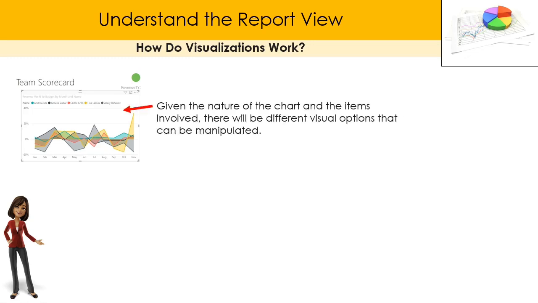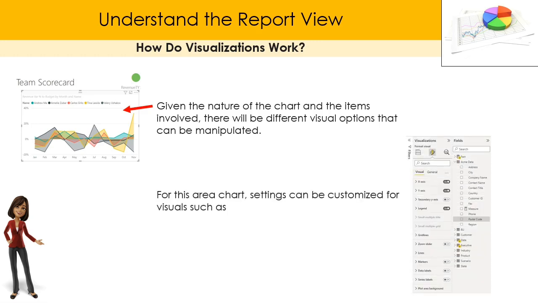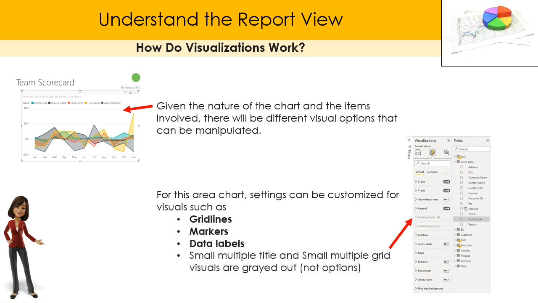Given the nature of the chart and the items involved, there will be different visual options that can be manipulated. With this area chart, settings can be customized for visuals such as grid lines, markers, and data labels. But small multiple title and small multiple grid visuals are grayed out, meaning they are not options for customizing your visualization.